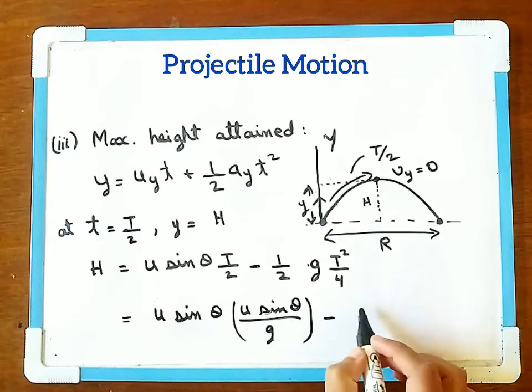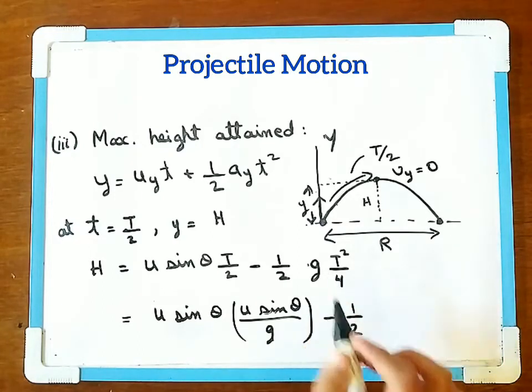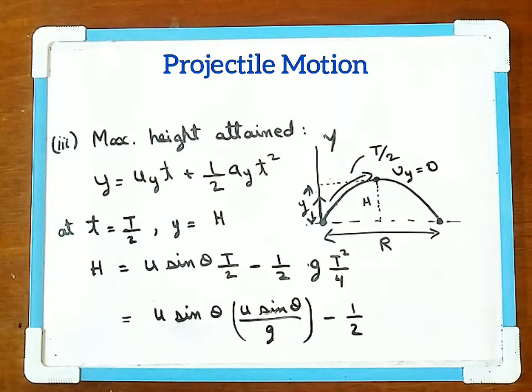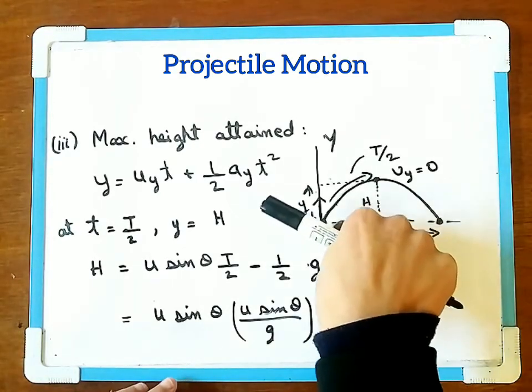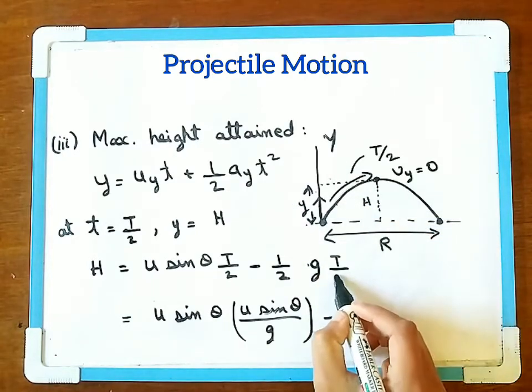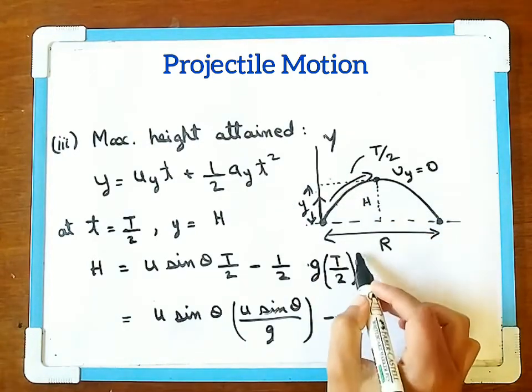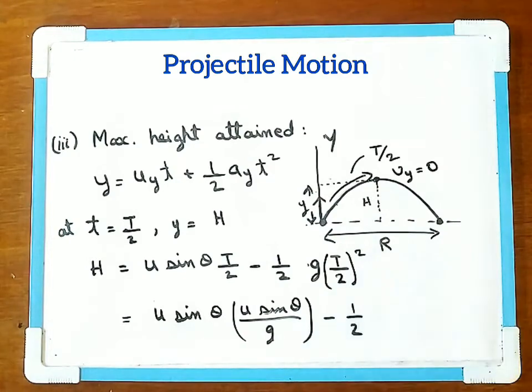And minus half. Again here also, I can write this one as, instead of T by 4, T by 2 holding square.